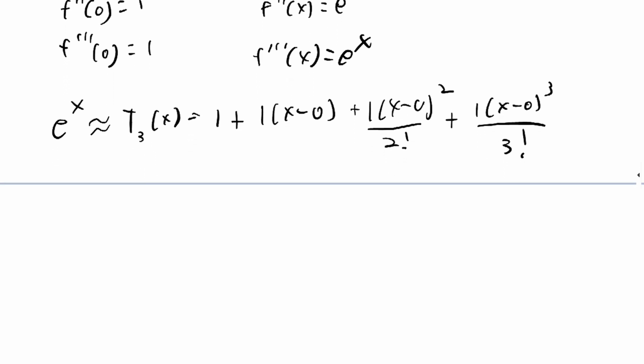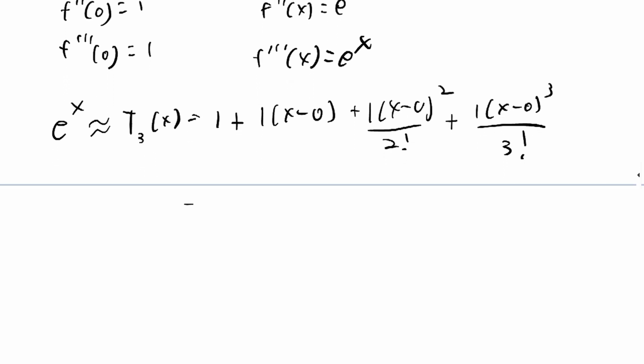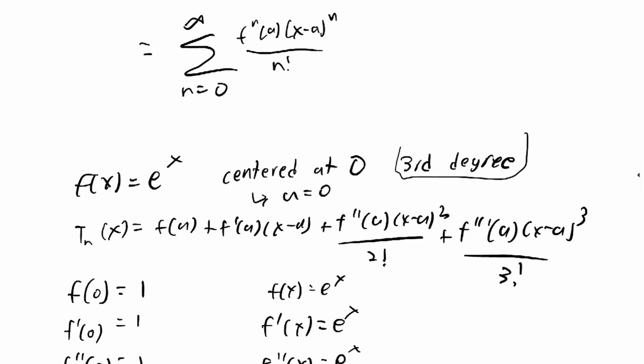I wrote the 0 out just to be very detailed, but this is really just 1 plus x plus x squared over 2 factorial plus x cubed over 3 factorial. Cool. So this is your answer to this problem.